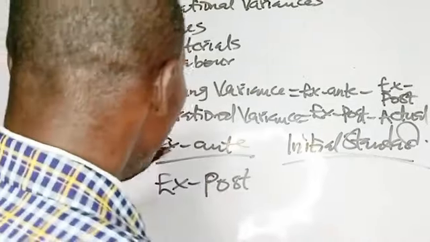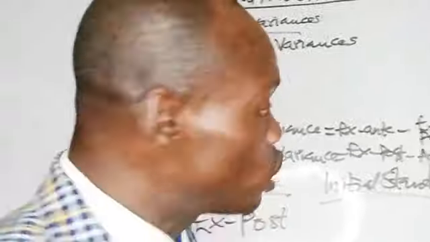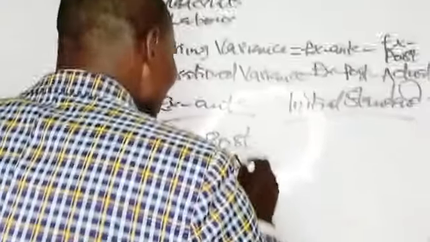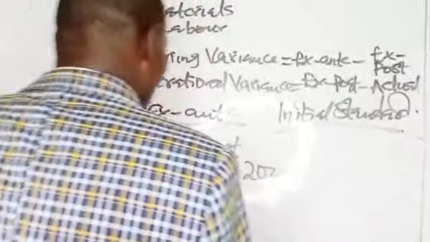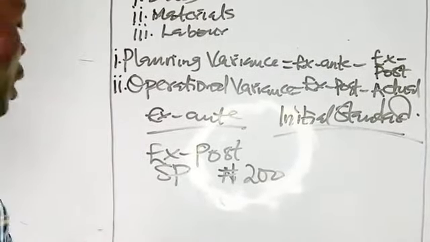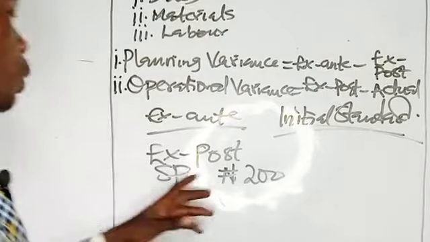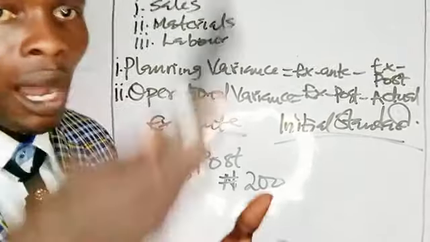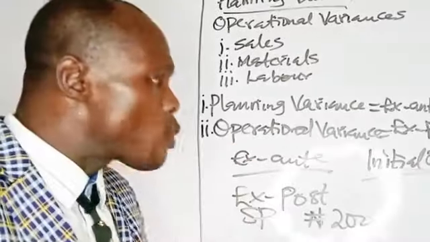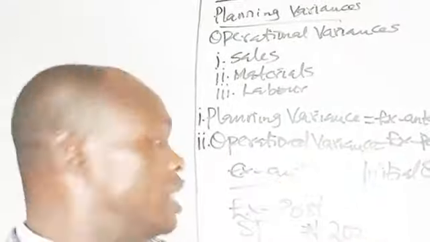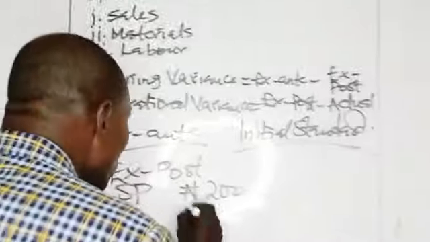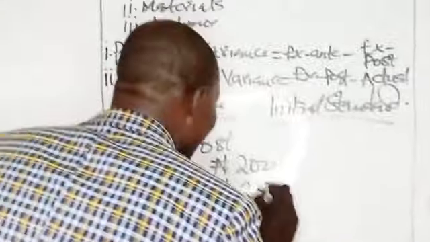Maybe you have set your standard that you want to purchase a marker and you have set 200 naira for the marker. This is your standard price. You have not actually gone to the market to make the purchase. And it gets to your notice that the price of a marker has risen to 250 naira.